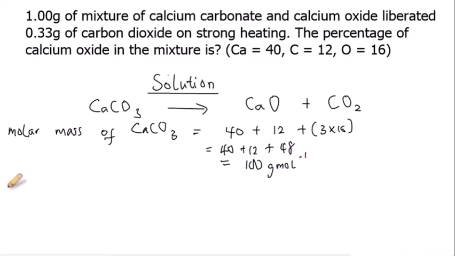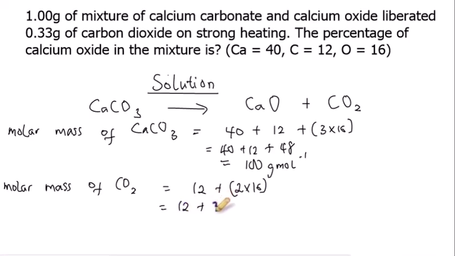For carbon dioxide now, the molar mass of CO2 equals the sum of the atomic masses of each element present: 12 for carbon plus oxygen, we have 2 atoms present, so 2 times 16. That equals 12 plus 32, which is 44. The unit is grams per mole. We've just gotten the molar mass of each substance. Let's proceed to determine the reacting mass.